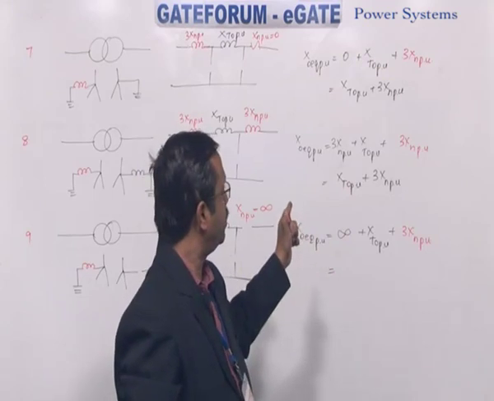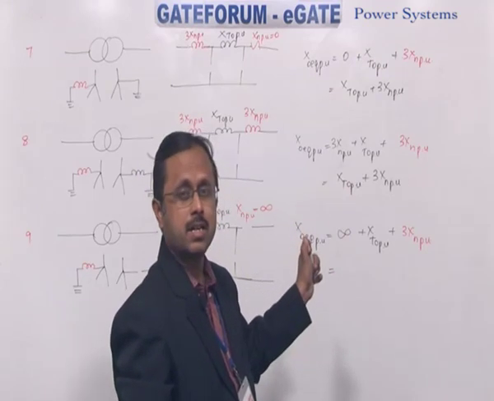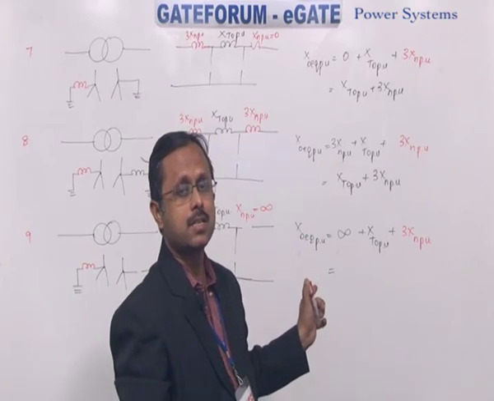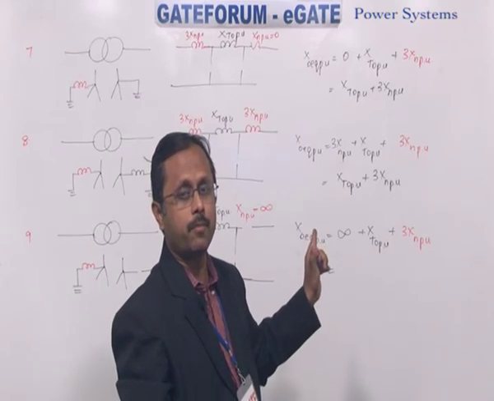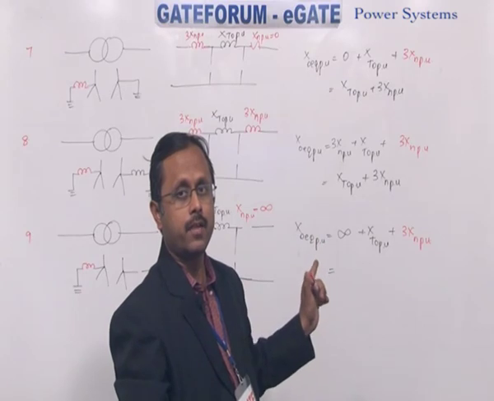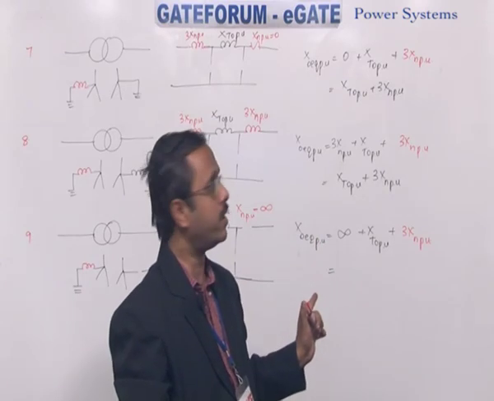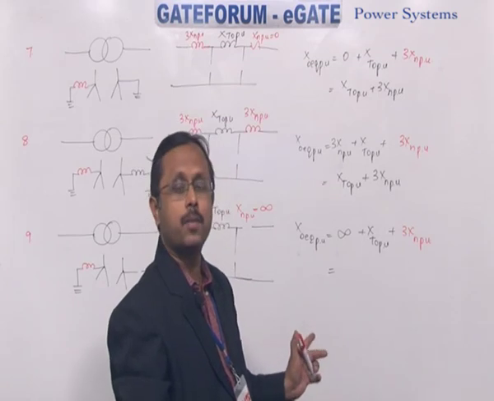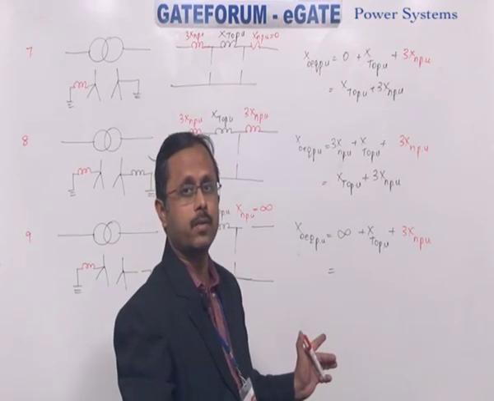The maximum finite equivalent per unit reactance, how much? XT0 plus 3Xn per unit.